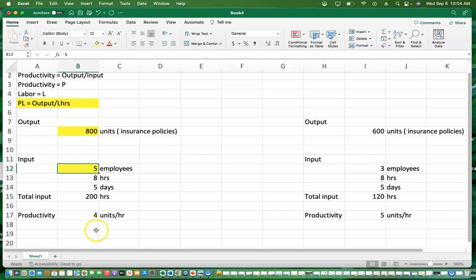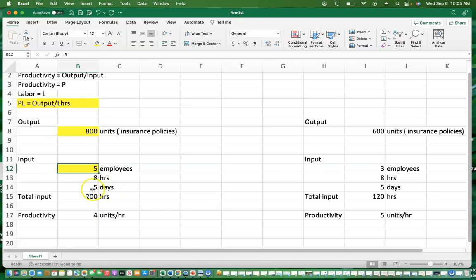By developing our model, we can make any change we want and find productivity of labor. That's why we used Excel to create the model. If there is any other requirement, we won't waste time finding productivity of labor. All we have to do is change what is provided.